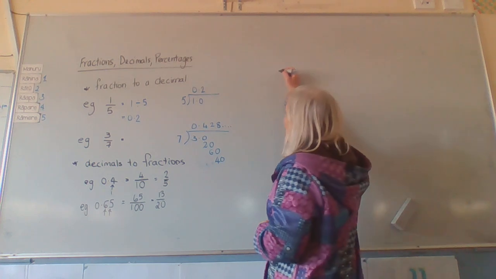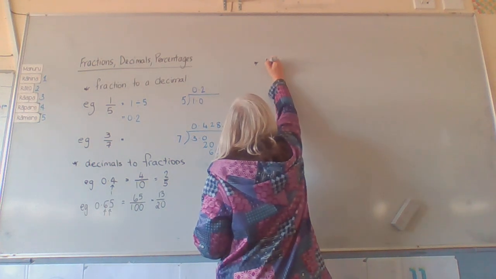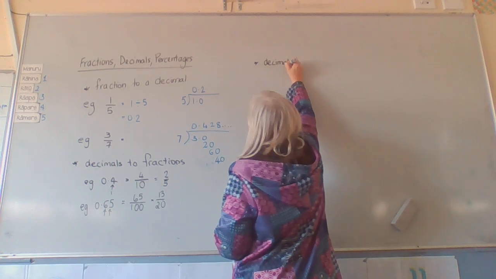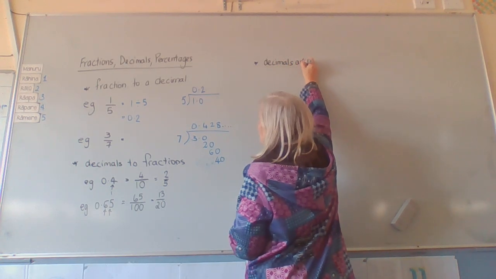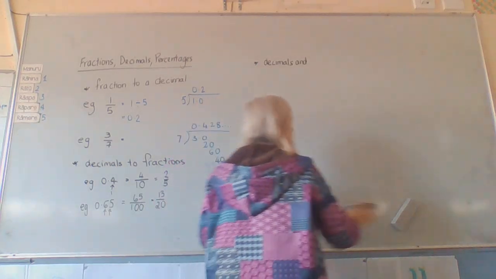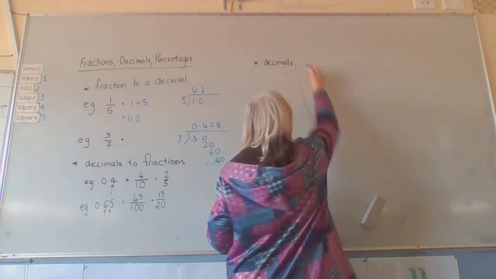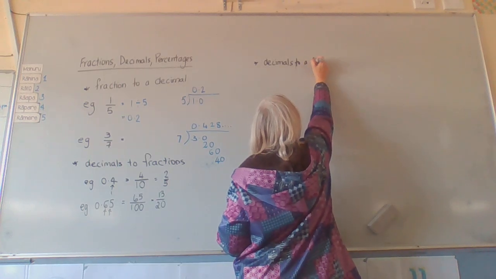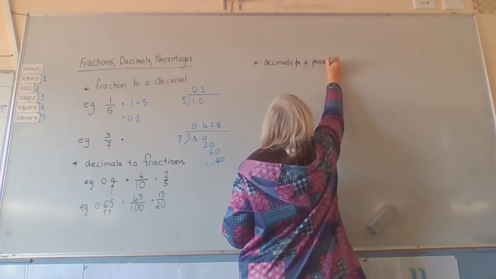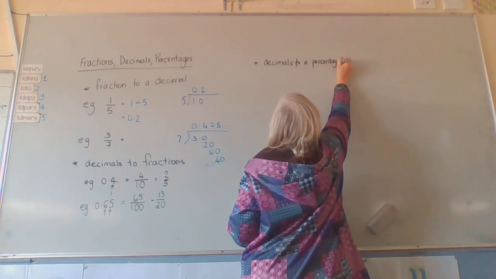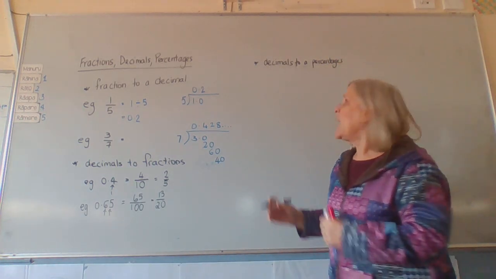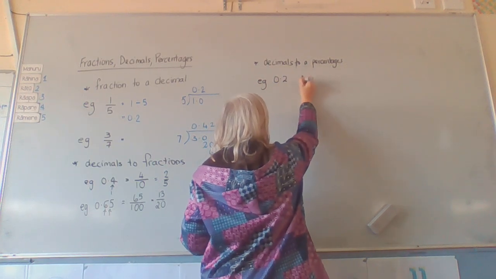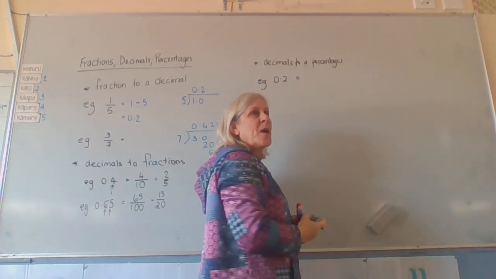All right. So if we have to go between decimals and percentages, we haven't really touched on what percentages is, but we all know what a percentage is, what it looks like, and the relationship between a percentage and a decimal is that we just multiply by 100.